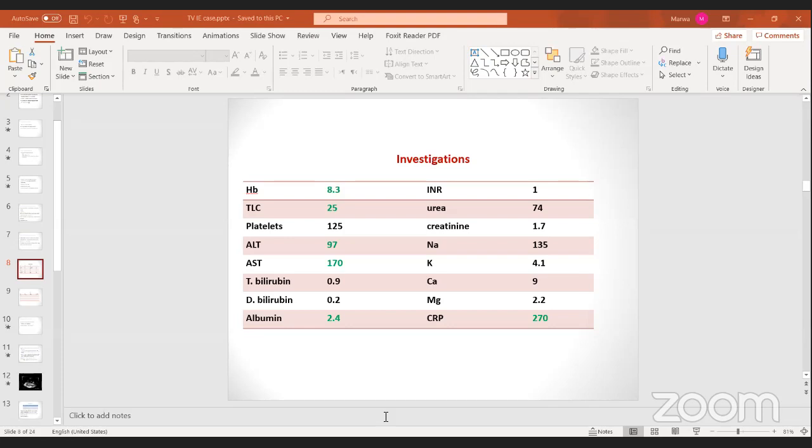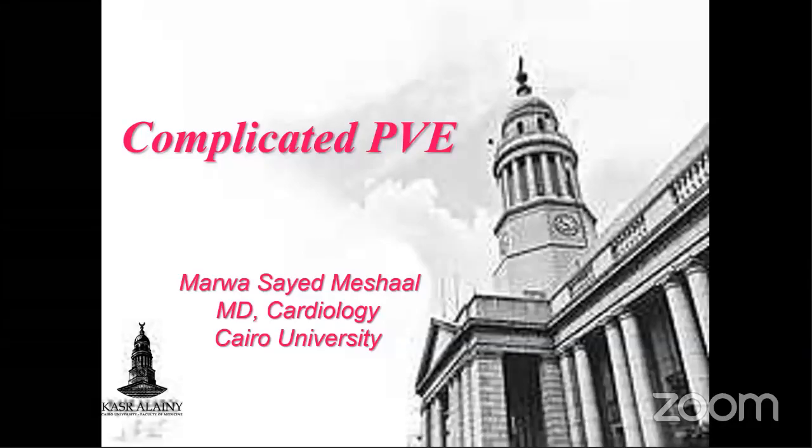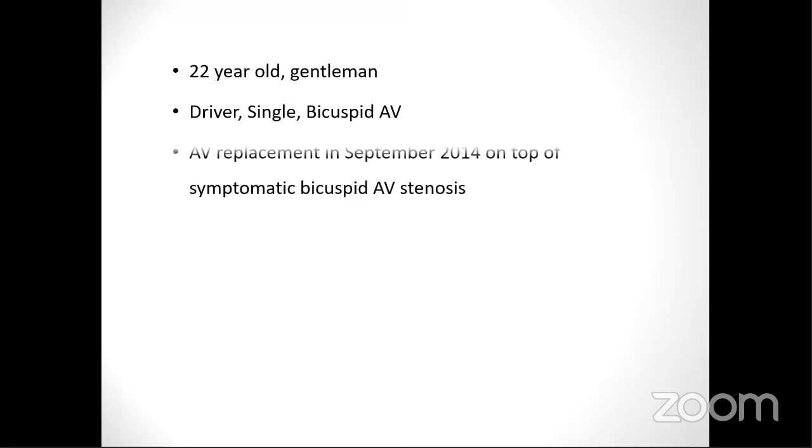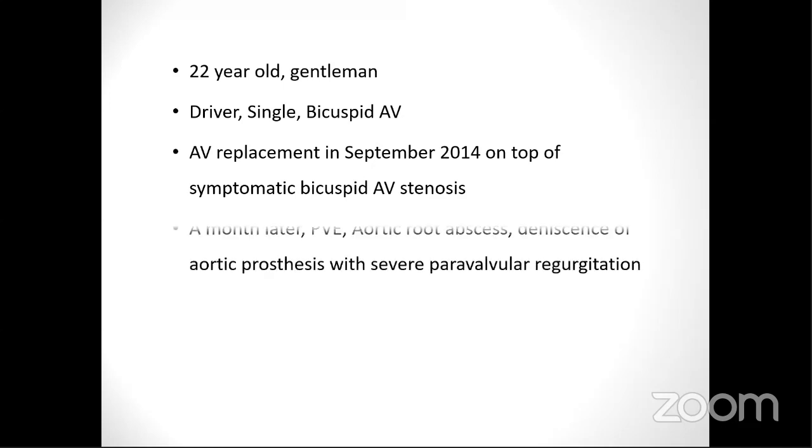Okay, thank you, Dr. Haitham. Our next case is a complicated case of prosthetic valve infective endocarditis. Actually, this was one of the most challenging cases we have met in Asr Al Aini. A 22-year-old gentleman, a driver, single, known to have a bicuspid aortic valve since early childhood, and he underwent an aortic valve replacement in September 2014 for symptomatic bicuspid aortic stenosis.